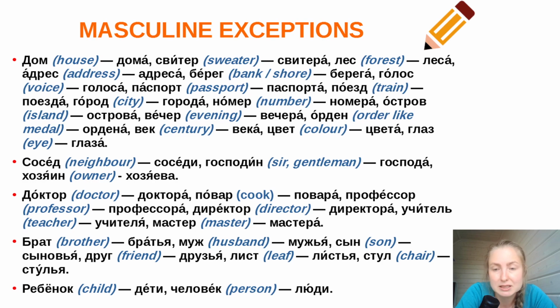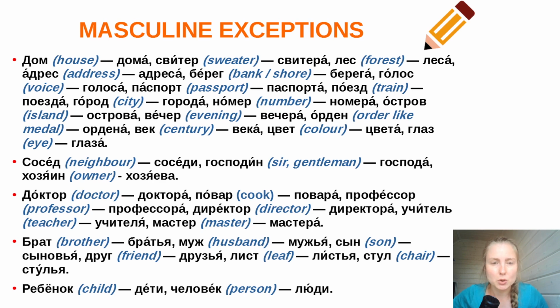And д is a hard consonant, but after it we need to write ending "и", which is a soft one. Господин, we need to remove "ин", and instead of it write ending "а". And for хозяин, we again remove "ин" and add ending "ева". So quite strange.